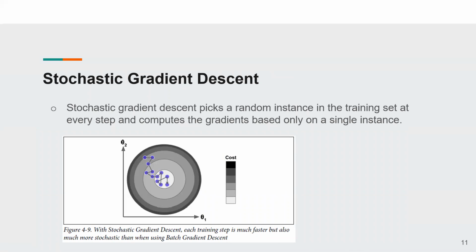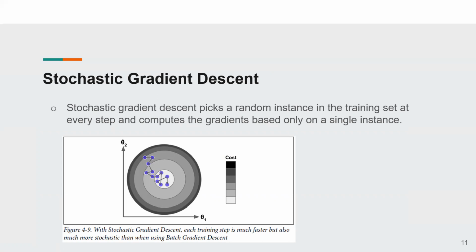Let's look at another variant of gradient descent. It's called stochastic gradient descent. Stochastic gradient descent picks a random instance in the training set at every step and computes the gradients based only on a single instance. That actually makes a big difference, because earlier we said a batch was the whole data.